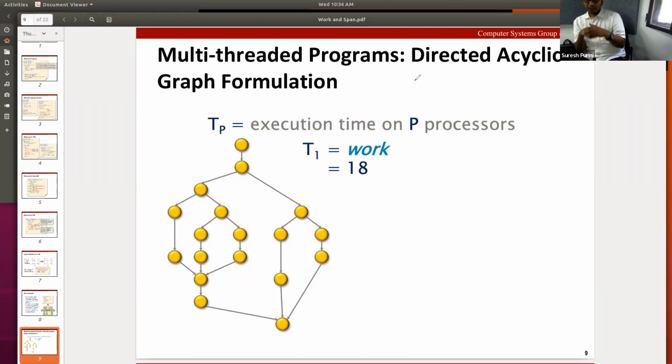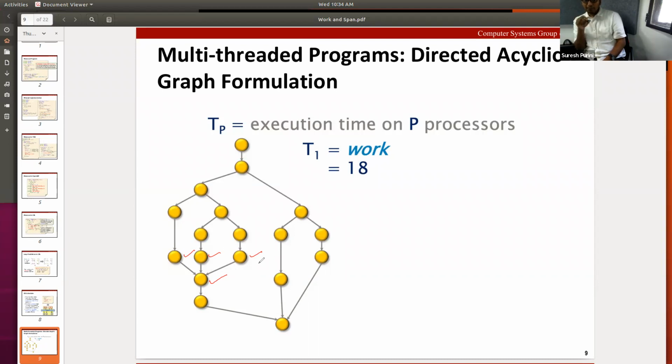In this directed acyclic graph, a computation is ready for execution after its predecessors have finished execution. Okay, so it's a dependency graph.